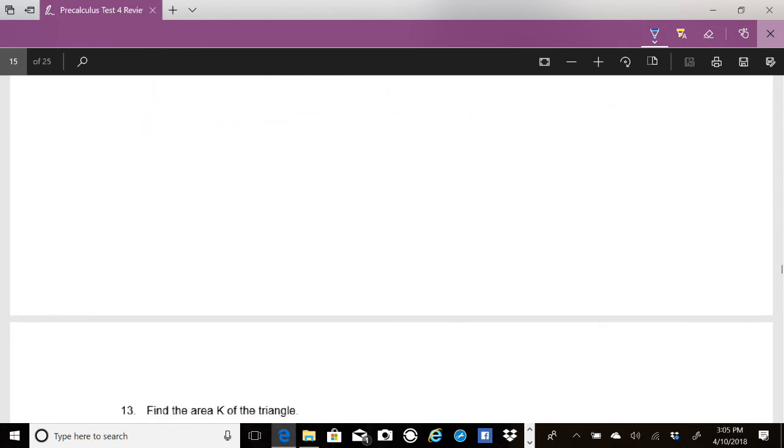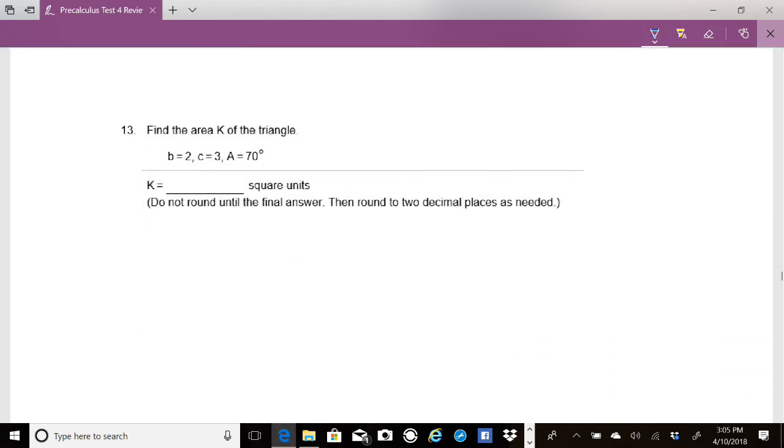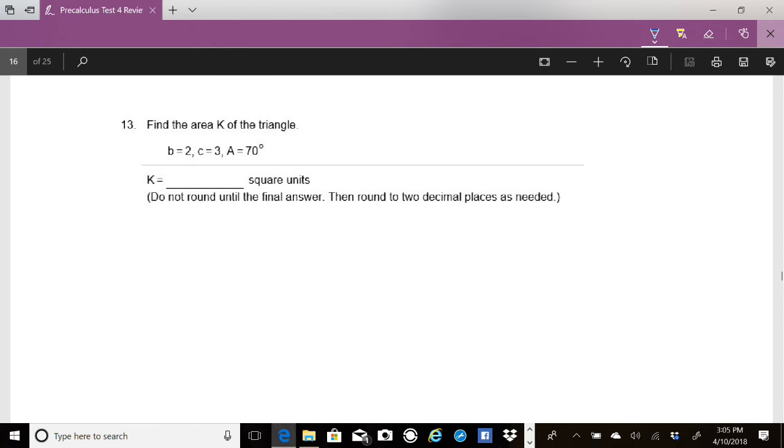Now the next problem, a pretty simple one. We've got a triangle, 2 sides given, and the included angle. Notice you always need to check and make sure that the layout is such that you have the included angle.